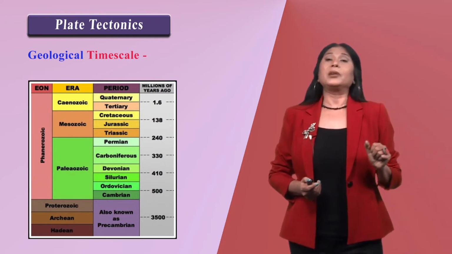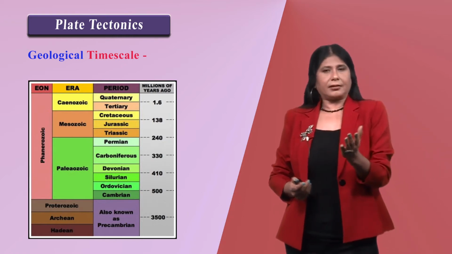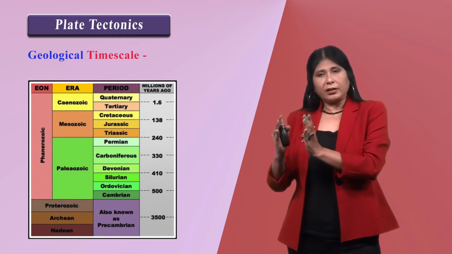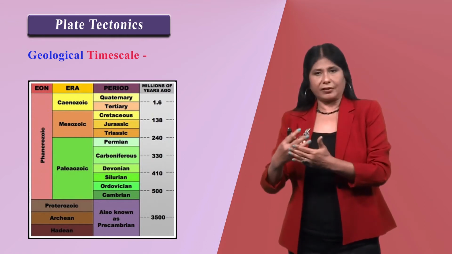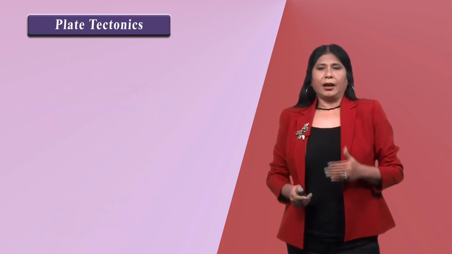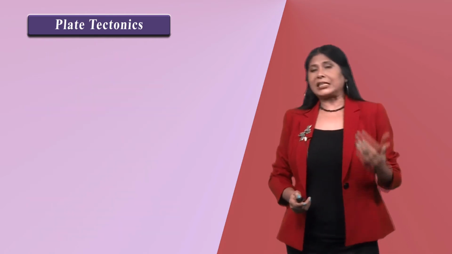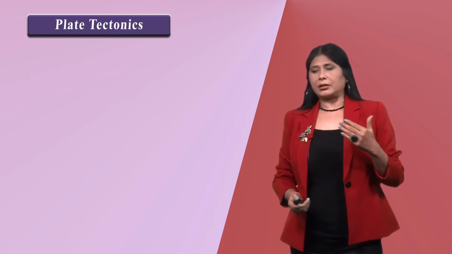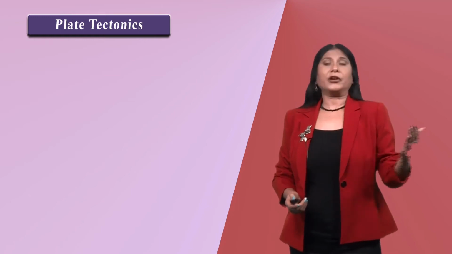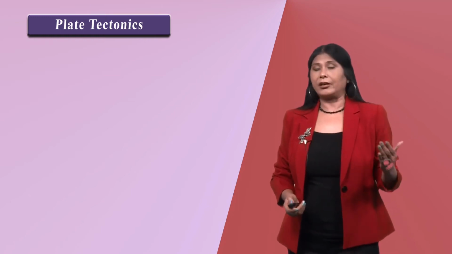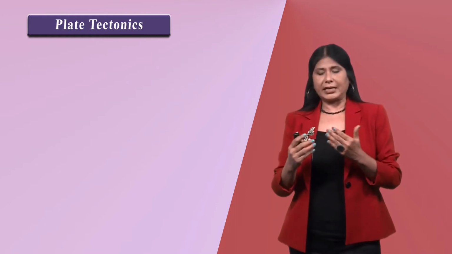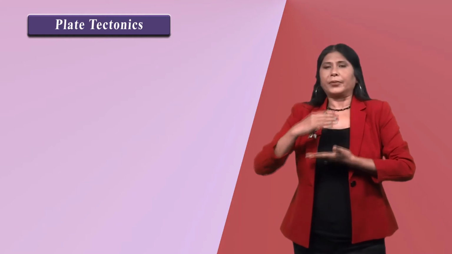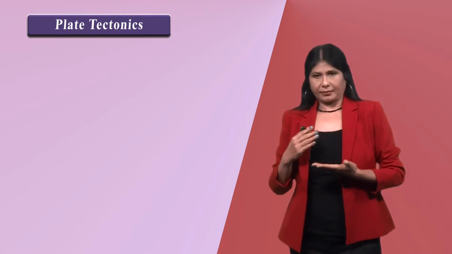Aeon is the bigger division, era is a little smaller division, and the period is the smallest division. From 4.6 billion till about 800 or 687 million years, we have put it under a category called Precambrian.